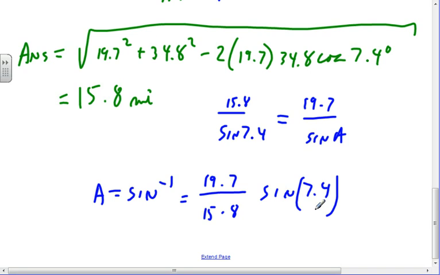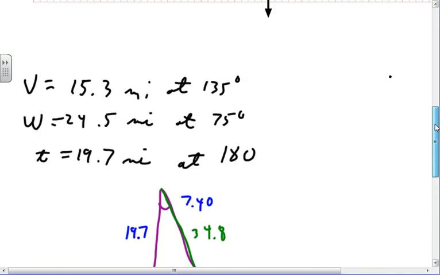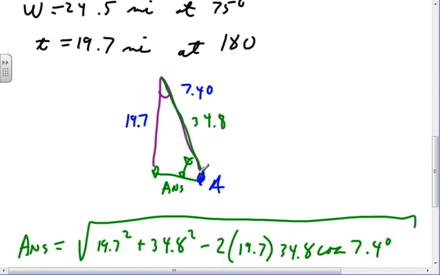Oh, I know it is. I agree completely. I get 9.2 degrees. Anybody else get 9.2 degrees? Okay, 9.2 degrees means I'm coming around this way, and that'd be 171.8, right?